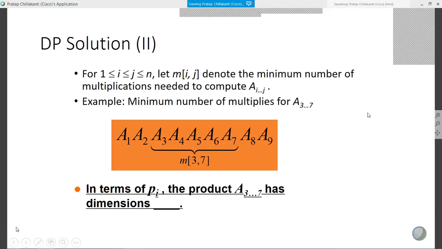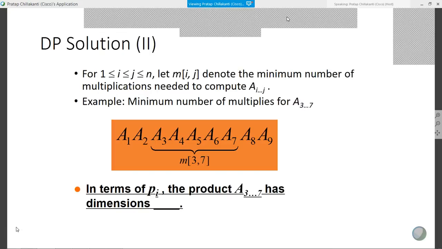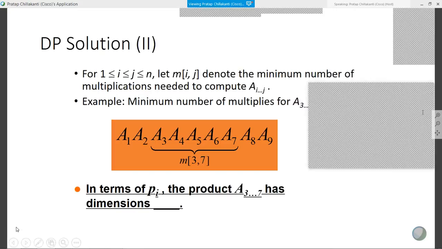Can somebody put it in the chat? The resultant matrix would have dimensions P(i-1), so it should be P2 to P7, correct? There you go, P2 to P7, perfect, you got it.